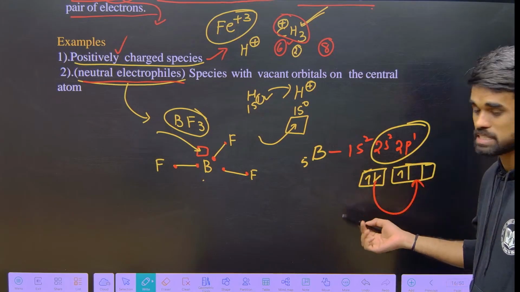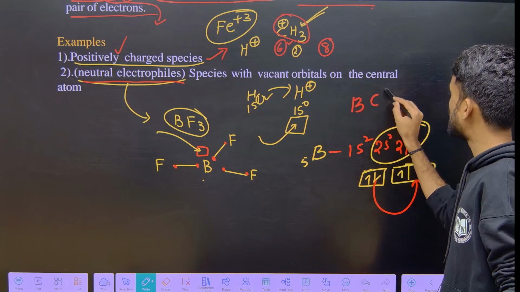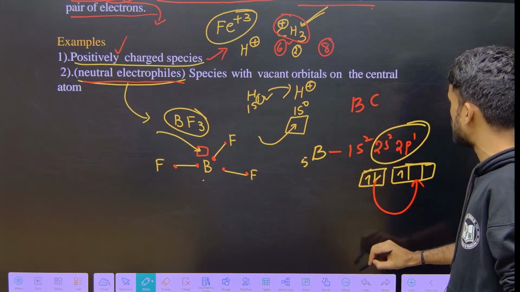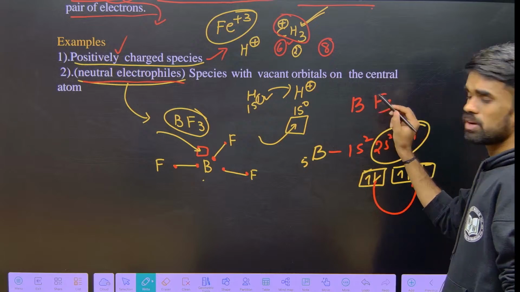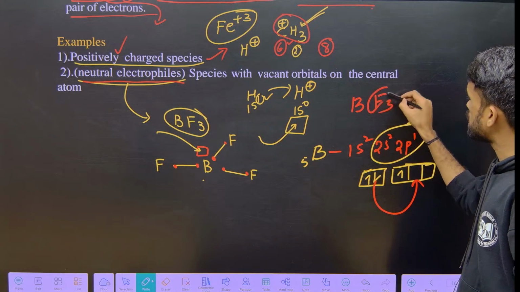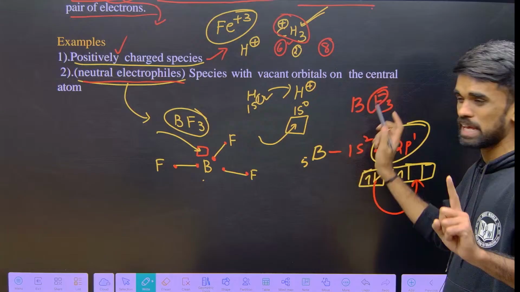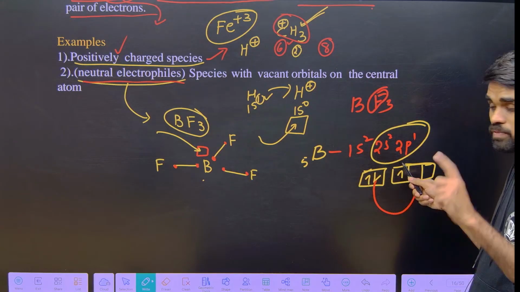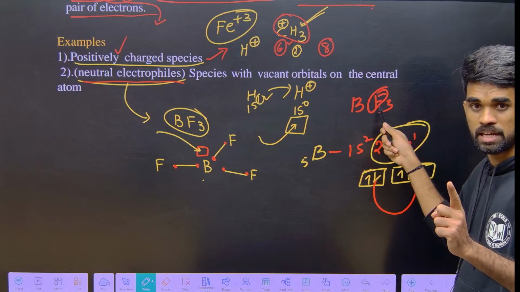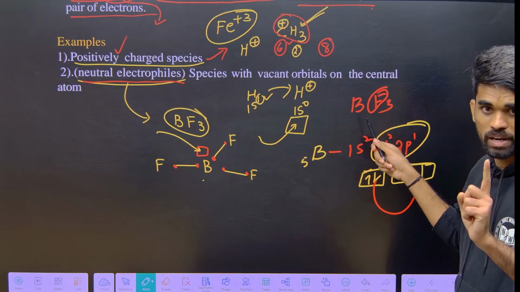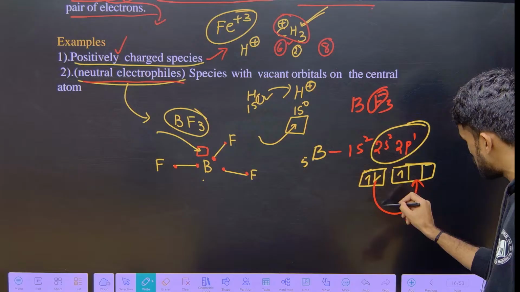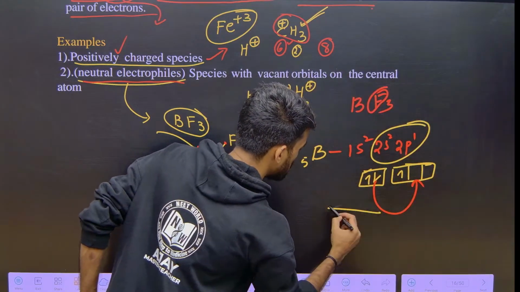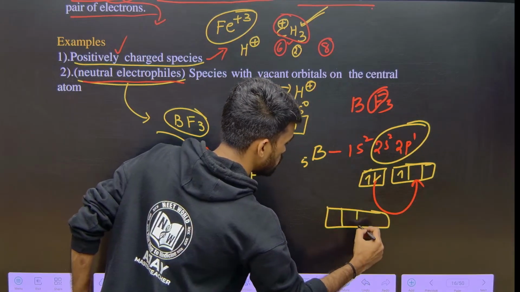Why does it excite? In order to form BCl3 or BF3, whatever it is, each halogen requires one unpaired electron to pair up. Here boron has only one unpaired electron. For one fluorine it is fine, but 3 are there now, so each one requires one electron. So one of the electrons from here excites to this site, so that you get orbitals like this, 1, 2, 3, 4.